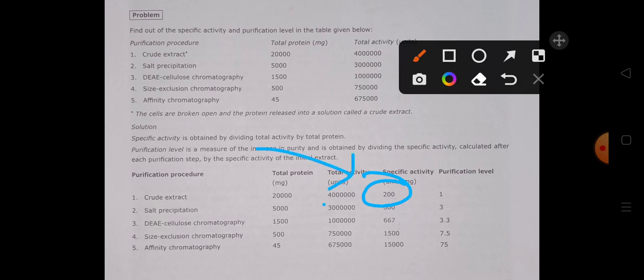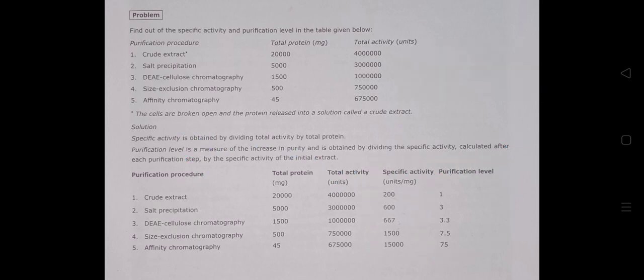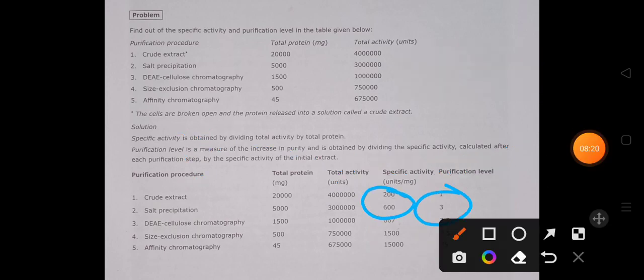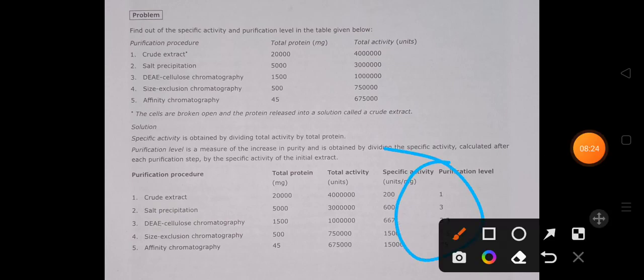We have to divide each specific activity by 200 to determine the purification level. As you can see, by dividing 200 by 200 we get 1. Then by dividing 600 by 200 we get 3, and that's how the entire thing goes, and we get our purification level.